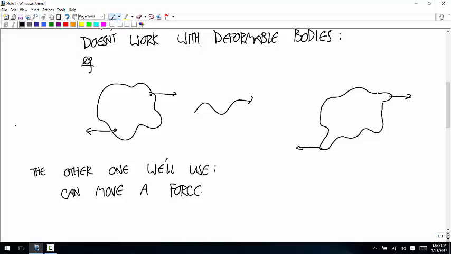You can move a force anywhere along its line of action without changing the behavior.